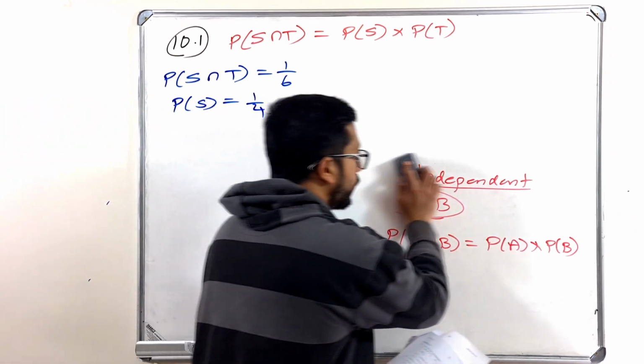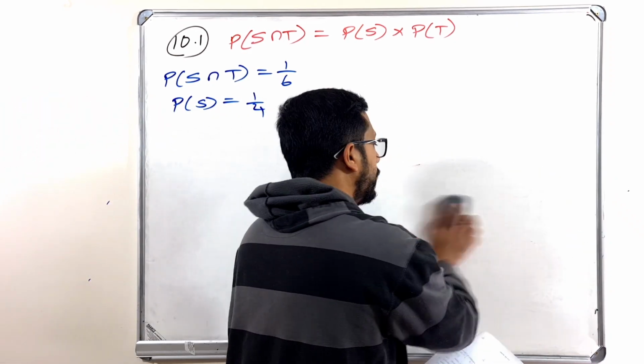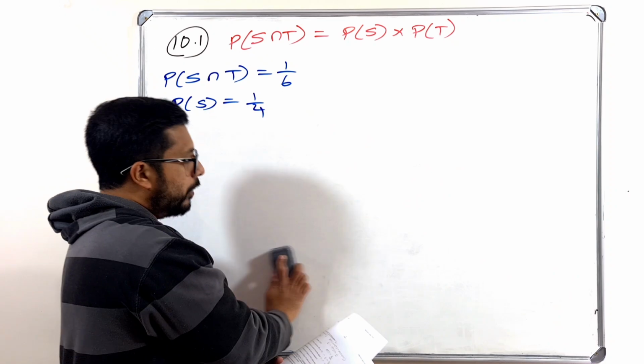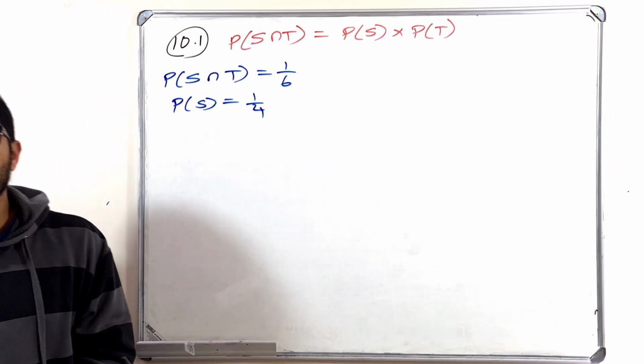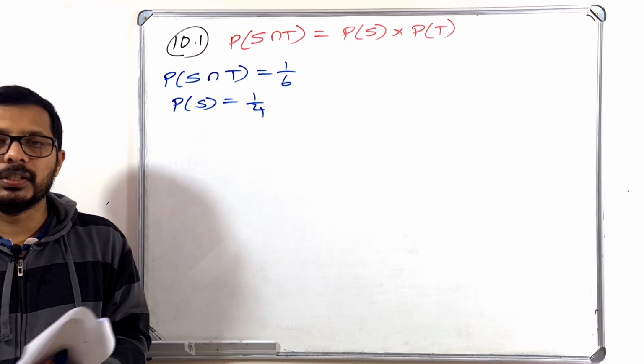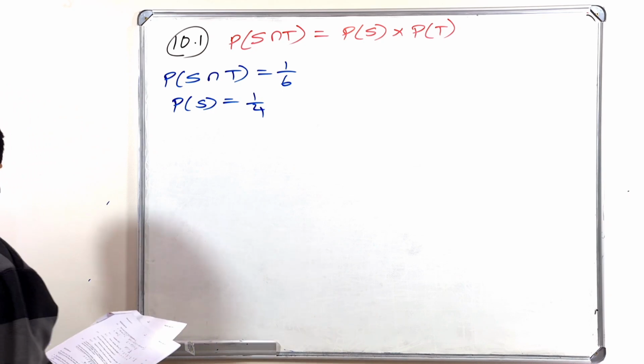Now what is the question? What do you want to find? Calculate the probability of T. It's a very easy, straightforward question.